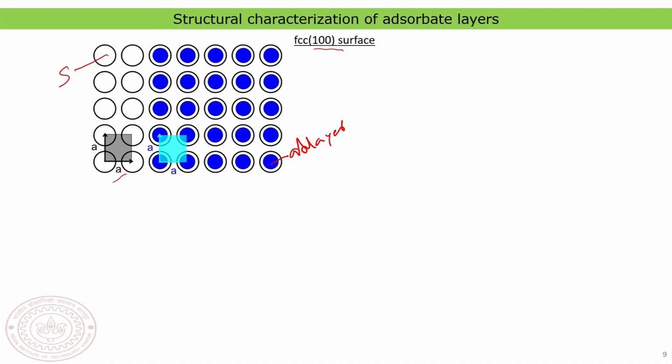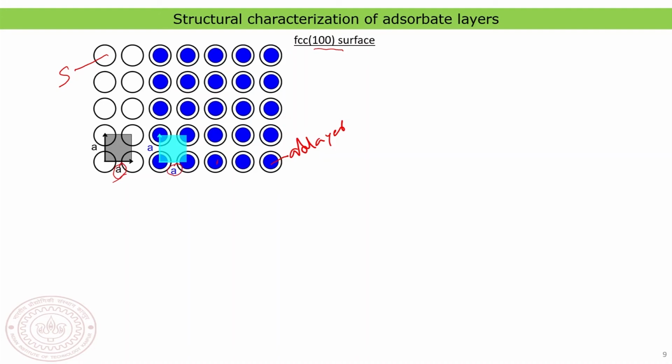The interesting thing in this particular type of adlayer that we are showing is that each surface atom is decorated with an adlayer atom. So it is a one-to-one adsorption, meaning that the lattice parameter of the surface and that of the adlayer match.